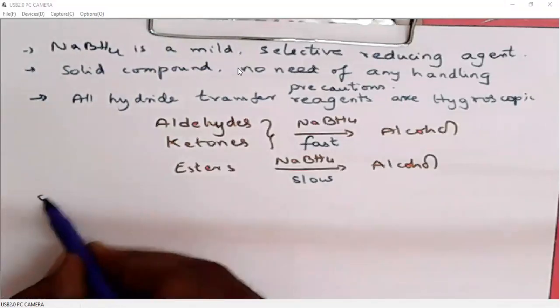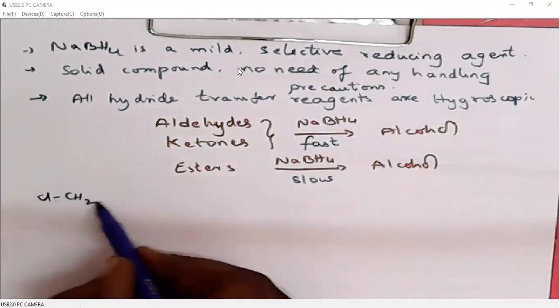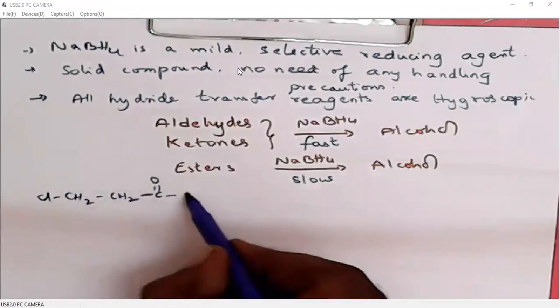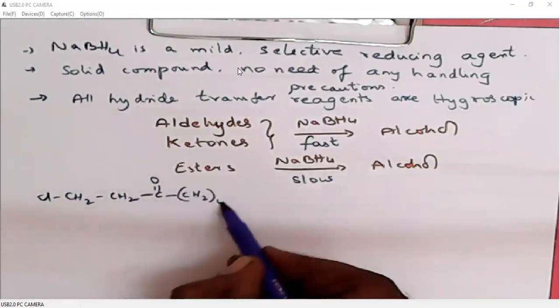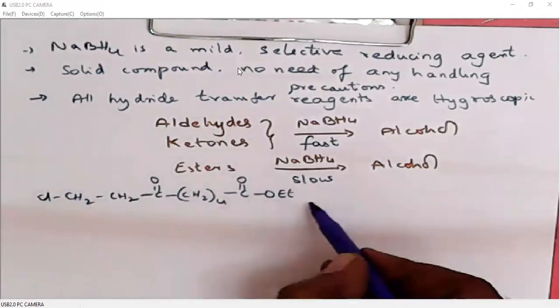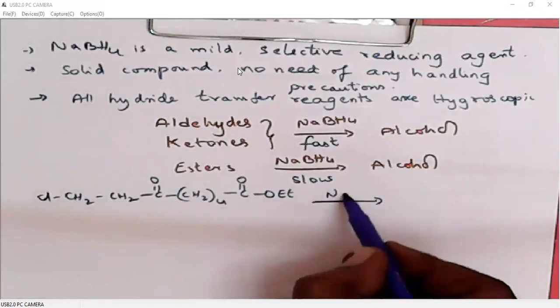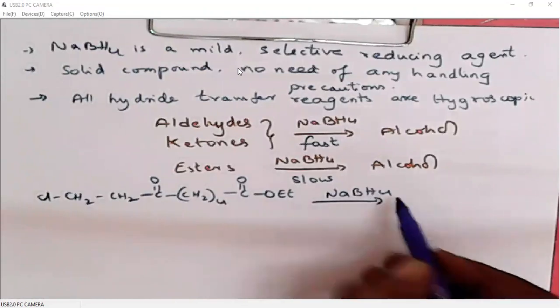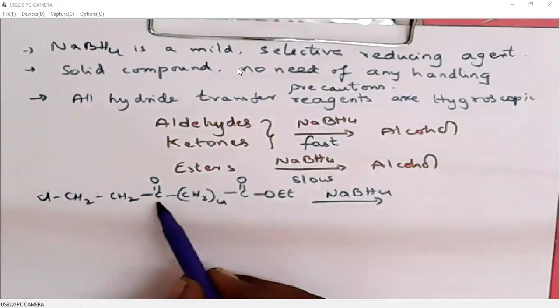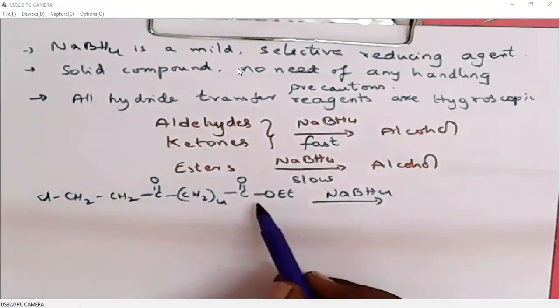I'll give you some examples on the selectivity of sodium borohydride. In this molecule, I have 3 different functional groups: alkyl halide, ketone, and ester.